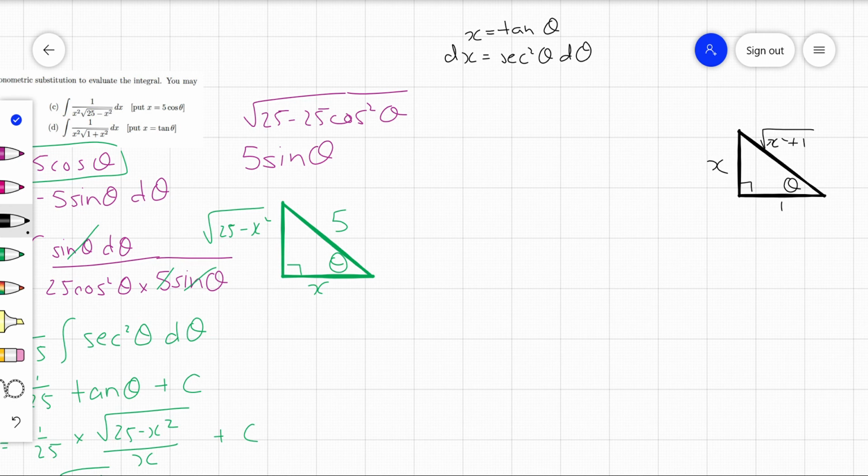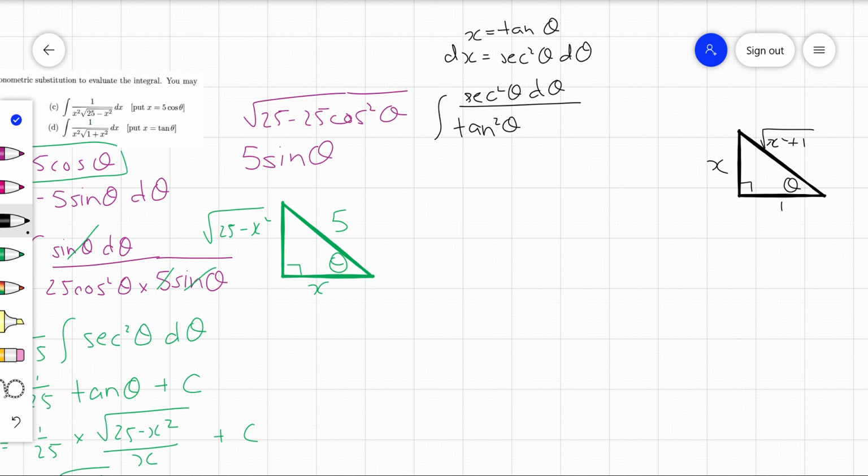Let's have a look at that integral. If I put the dx on top, I've got sec squared theta d theta. And we've got x squared, so that's just tan squared theta. And then we've got the square root of 1 plus x squared.